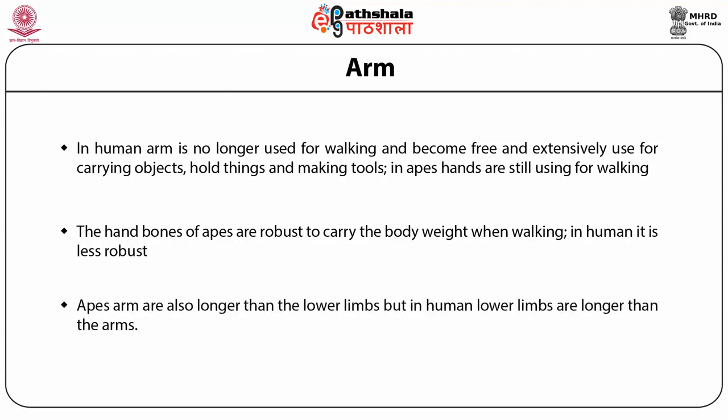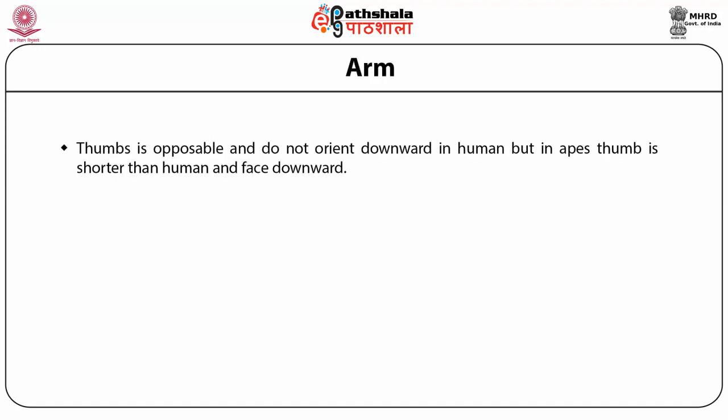Apes' arms are also longer than the lower limb. But in humans, the lower limbs are longer than the arms. The thumb is opposable and does not orient downward in humans, but in apes, the thumb is shorter than in humans and faces downward.